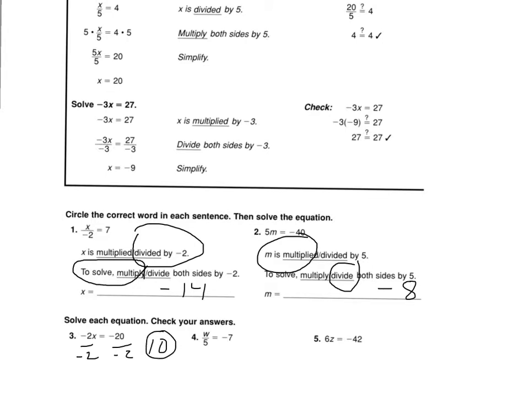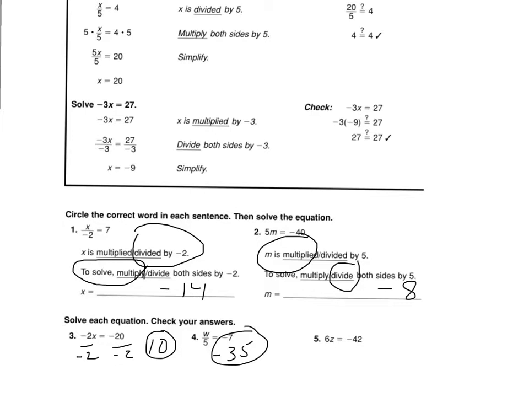Going to the next one, we see W, which looks like problem 1. W is divided by 5, so we would multiply both sides by 5, and we will get W is equal to a negative 35. Looking at problem 6, it says 6z is a negative 42. Again, that coefficient is right next to the variable, so we are multiplying and we must divide.